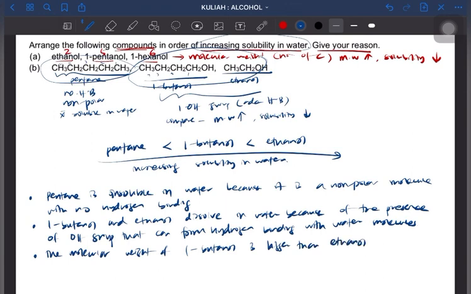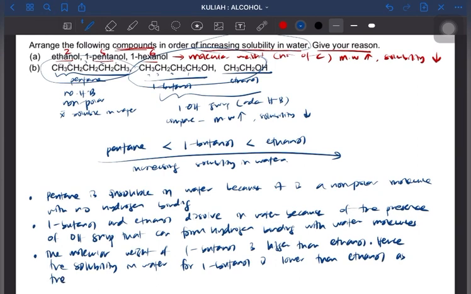Okay, so bila dia punya molecular weight increase, okay, hence the solubility in water for 1 butanol is lower than ethanol, as the hydrophobic area in 1 butanol is bigger.